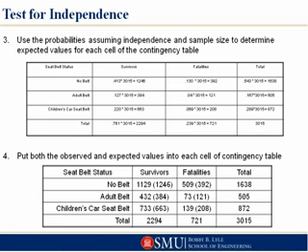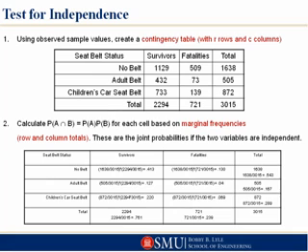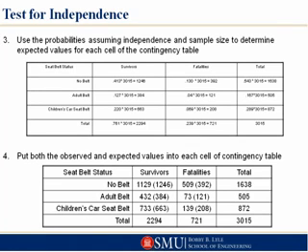You would have expected to see, if they were really independent, no belt and fatality. And again, these probabilities are coming from the previous one: 0.413 for no belt and survivors, 0.13 for no belt and fatalities. If they truly are independent, then we would have expected to see 392 in the no belt fatalities cell. What we actually saw was 509.